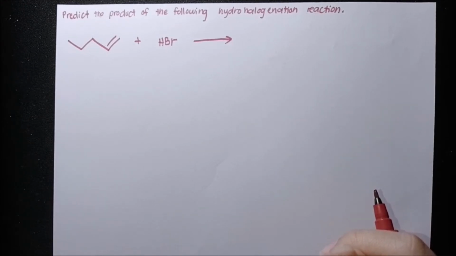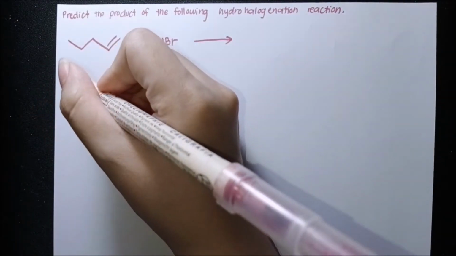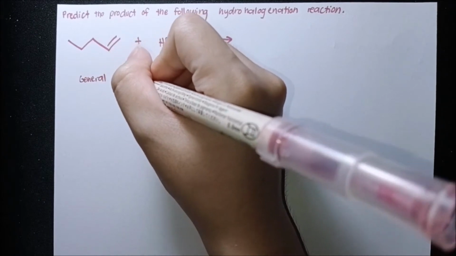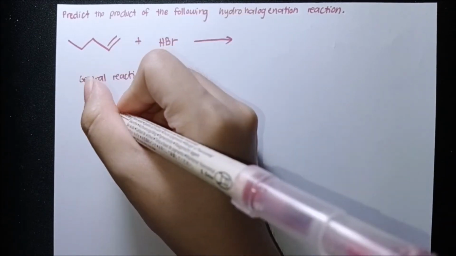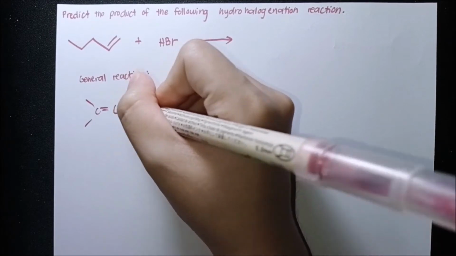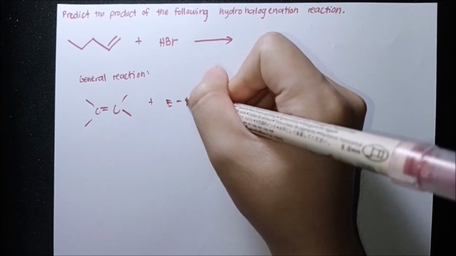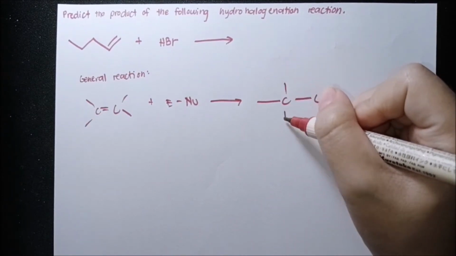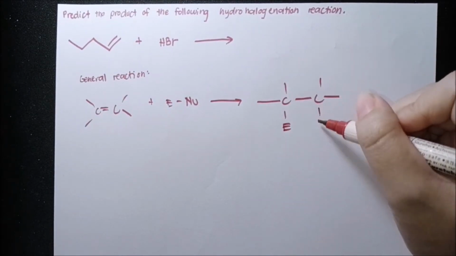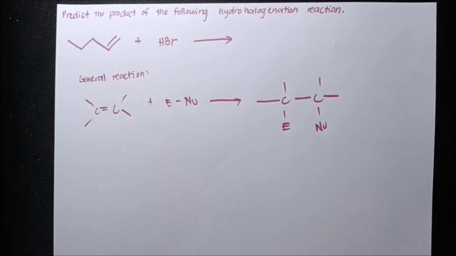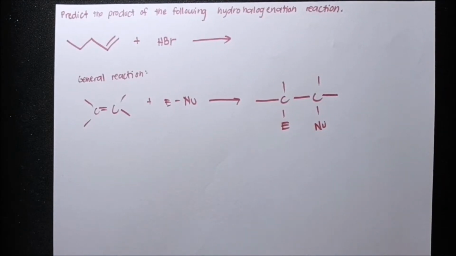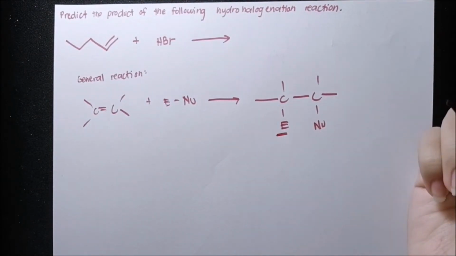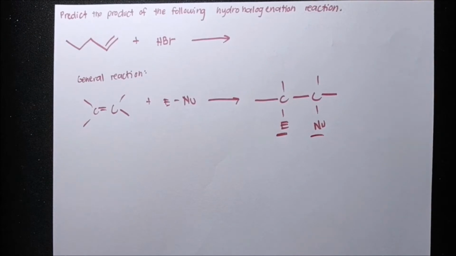We know that the general reaction for typical electrophilic addition in alkenes is this, where E stands for electrophile and Nu for nucleophile.